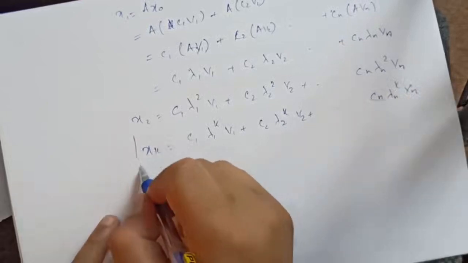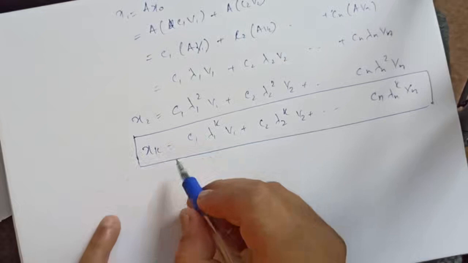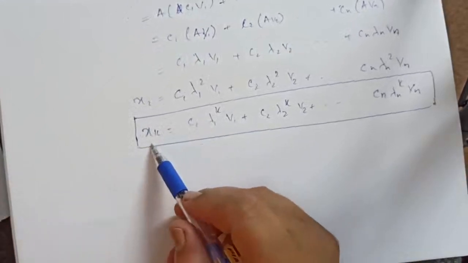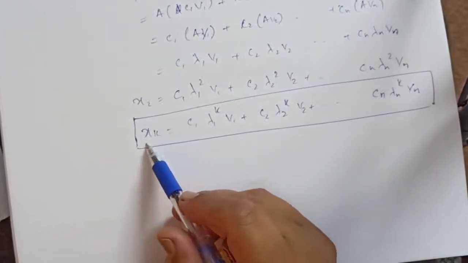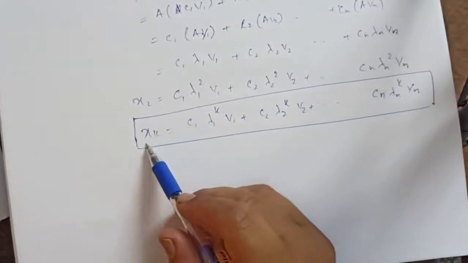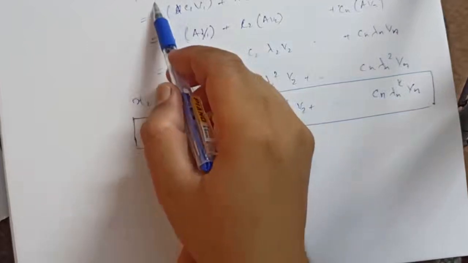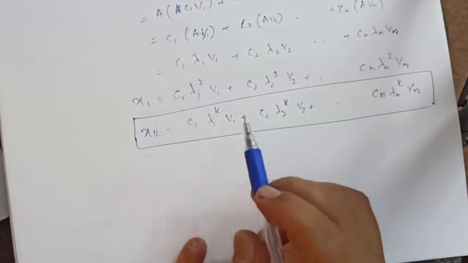We have to remember that any vector of a dynamical system can be represented in terms of the matrix A that defines the dynamical system, and the corresponding eigenvalues and eigenvectors.